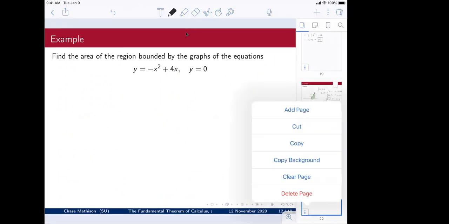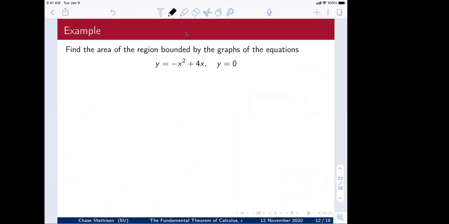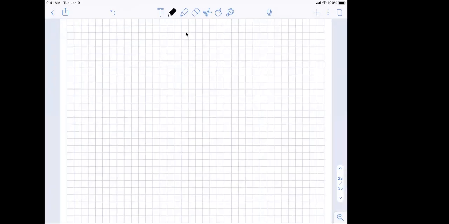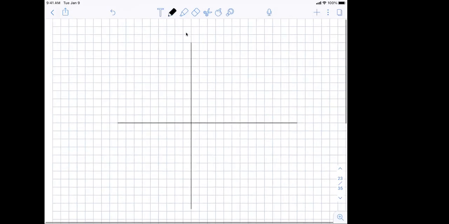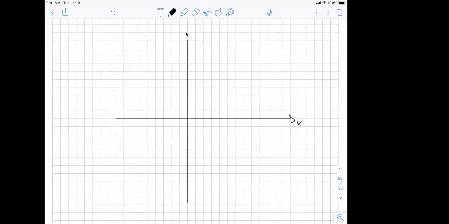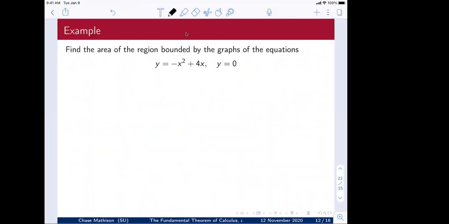Well, we should probably draw a graph to see what's happening, and I'll be a little more accurate on this graph. So I'm going to get some graph paper going. X and Y. So let's start drawing some of these graphs.